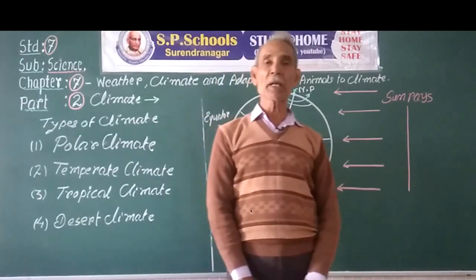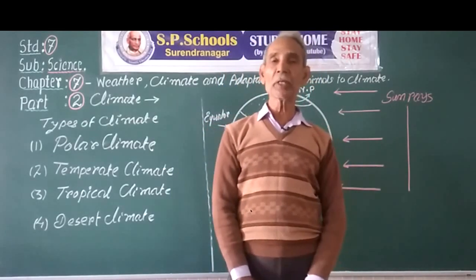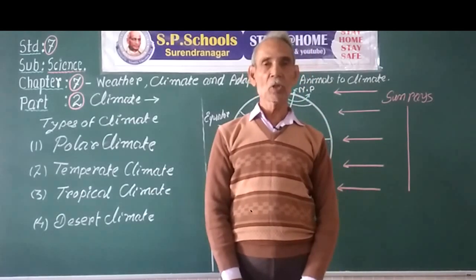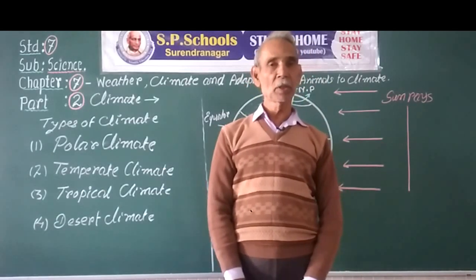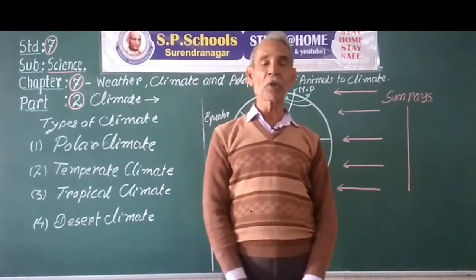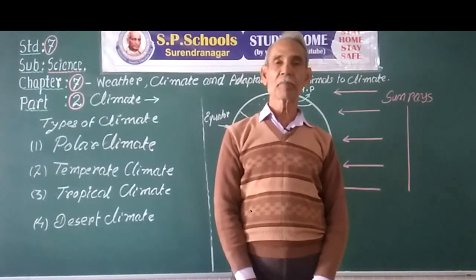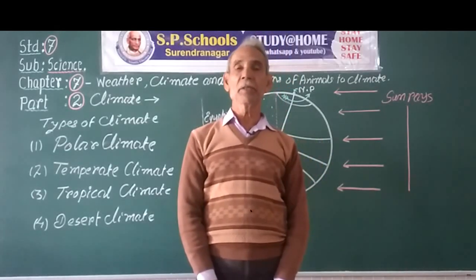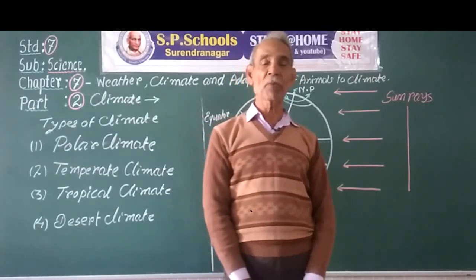The atmosphere of a region can be hot or cold, humid or dry, windy or sunlit. There are many different types of climates.